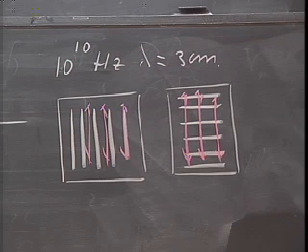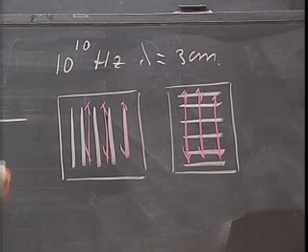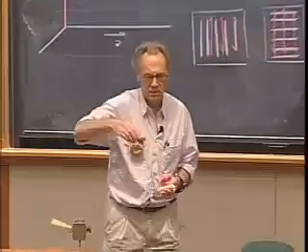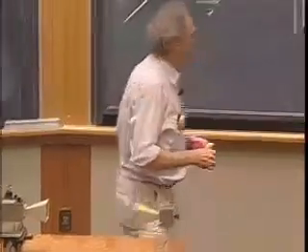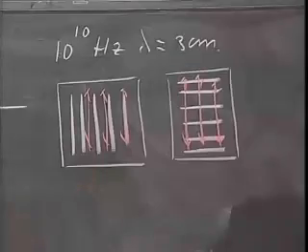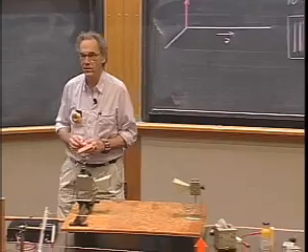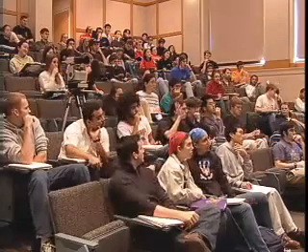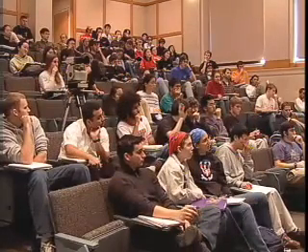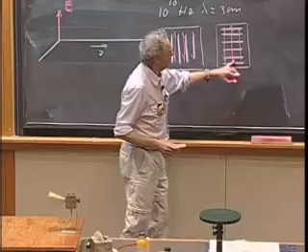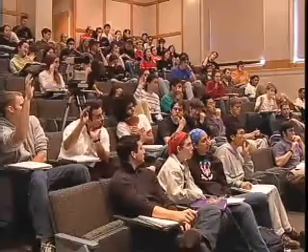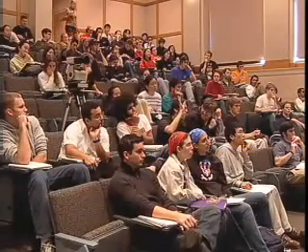First I want to ask the class, if I hold the comb in the beam like this, who thinks that the wave will be reflected? Who thinks that the wave will go straight through? Who thinks that in this case, the wave will go straight through? And who thinks that it will be reflected in this case?